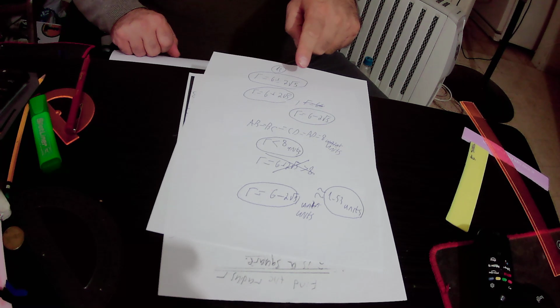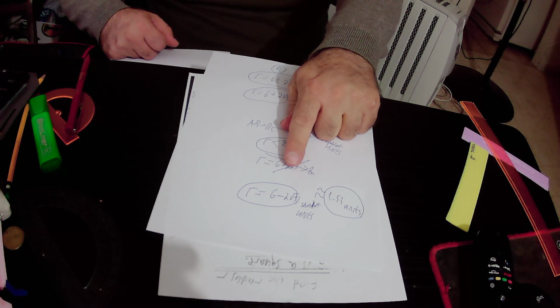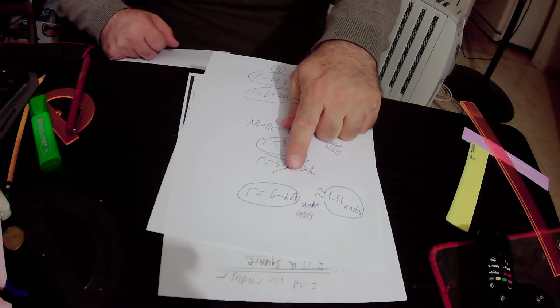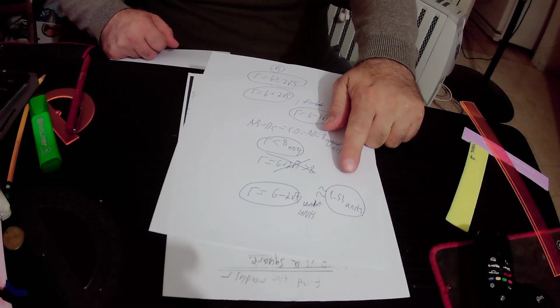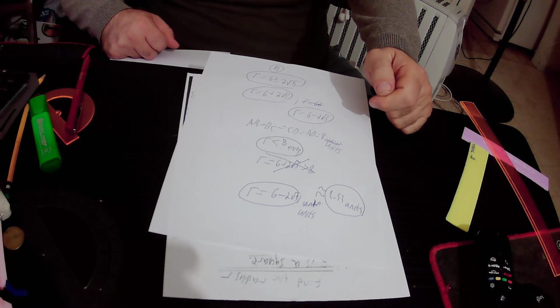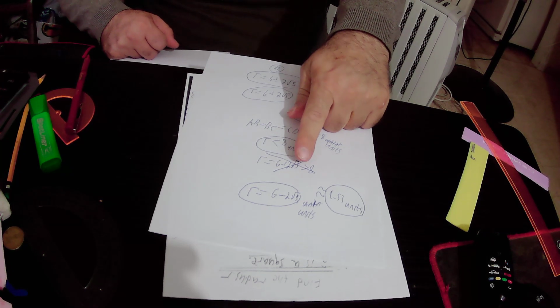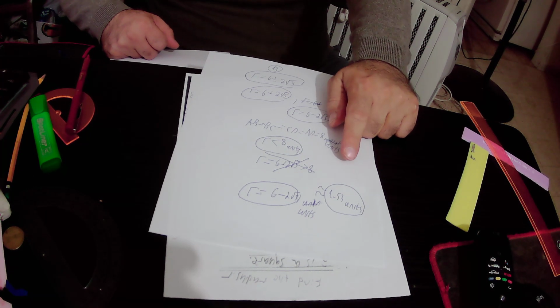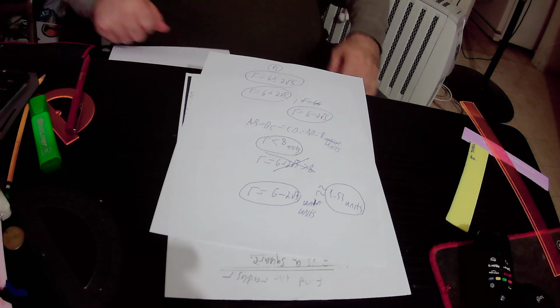So this possibility is not correct, and we are left only with the possibility that the radius of the small circle equals 6 minus 2 times root 5, that is about 1.53 units. So that is the answer to the question: the radius of the small circle is equal to 6 minus 2 times root 5 units, or about 1.53 units. Thank you very much.